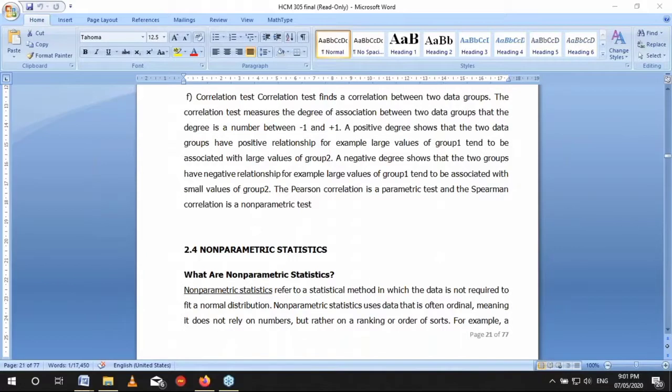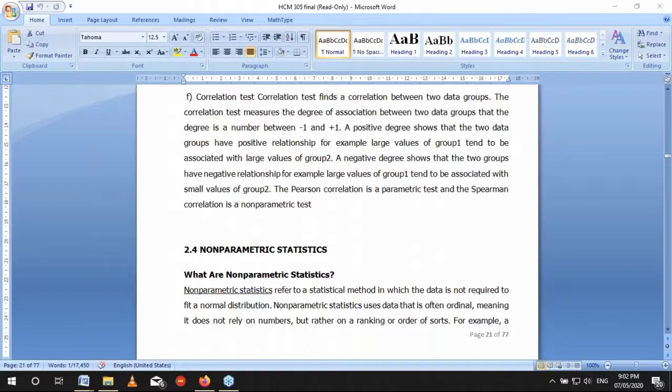You only need understanding of those things I'm mentioning, the essential elements. Number six, settings for research study. Number seven, timeline. Then number eight, measurement of analysis.